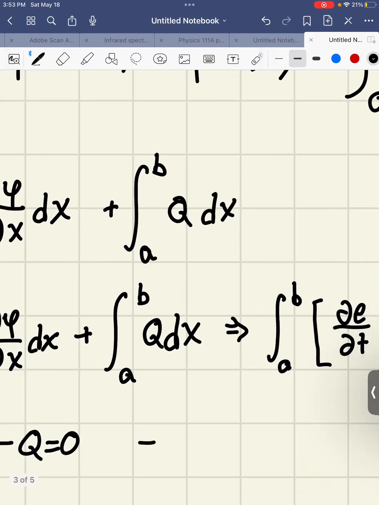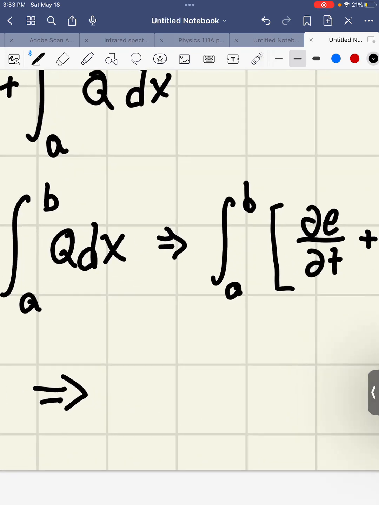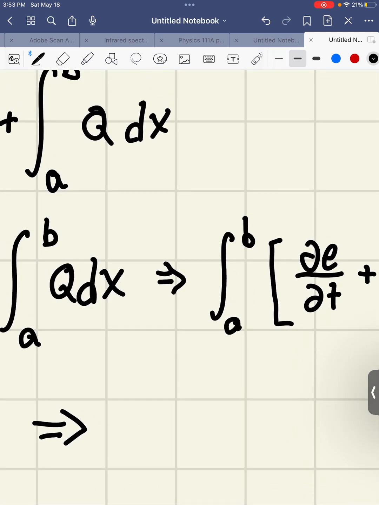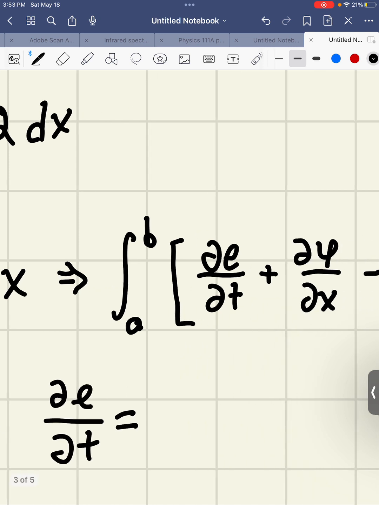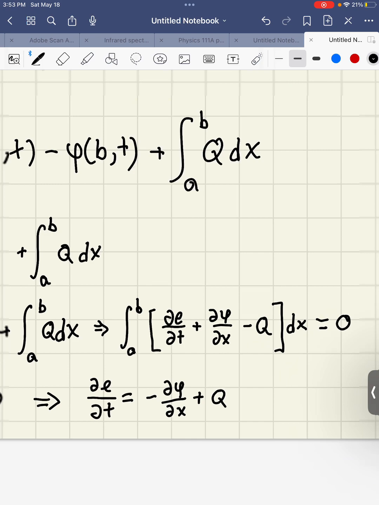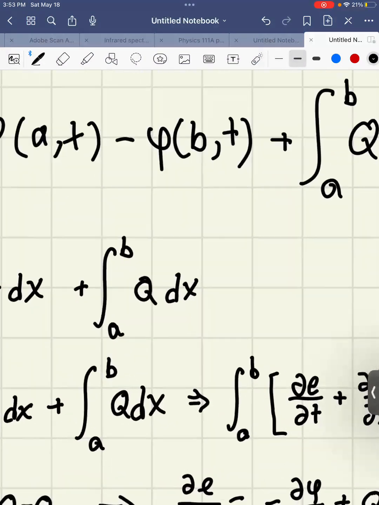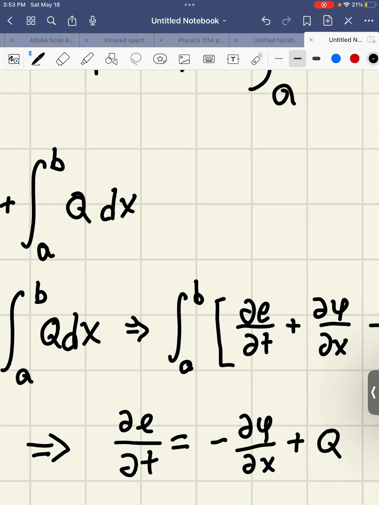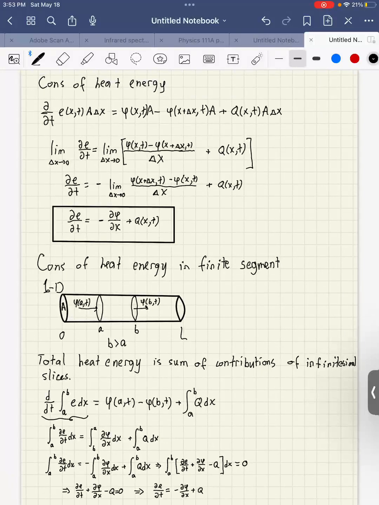Rewriting this equation a little, partial e partial t is equal to negative partial phi partial x plus q, which is the same equation as the conservation of heat that we got earlier. Sorry, I wrote it smaller; I didn't realize it.